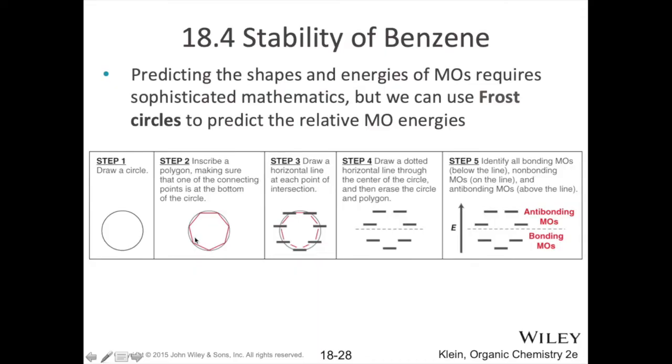Then, by looking at where things are, you've got the symmetry of this molecule. Wherever the points touch the circle, that's where you've got a molecular orbital. So here we've got that first one, the lowest energy. Notice that due to the symmetry of the molecule, we have a degenerate set over here, a degenerate set over here, and a degenerate set up here as well.